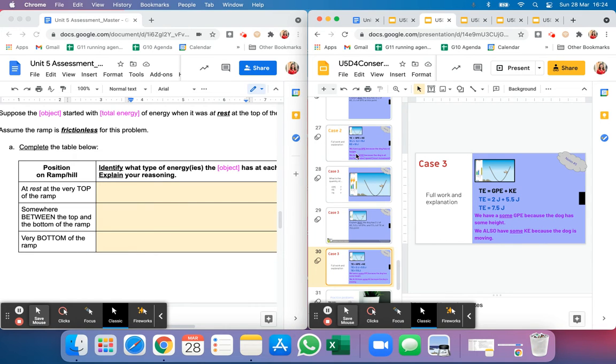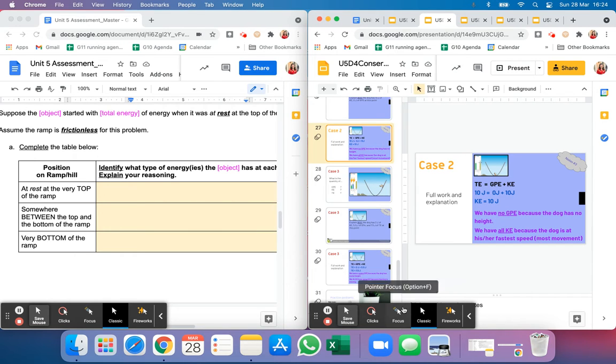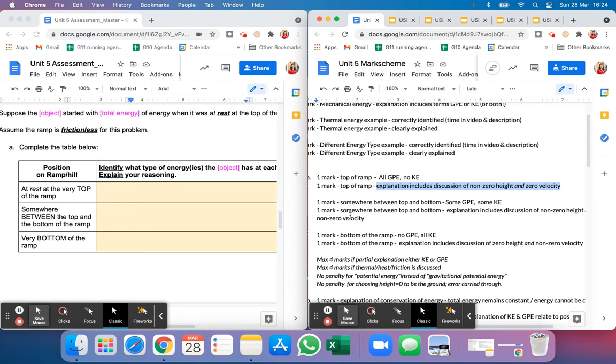And then the very bottom of the ramp, well, that was very similar to down here with our little dog. We have no gravitational potential because the dog has no height, all kinetic because the dog is moving. So all of that was required in order to get the mark. So identifying the energy and then the explanation involving height and velocity.